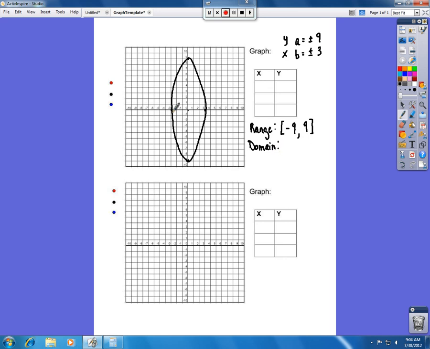That's the lowest possible x value, that's the largest possible x value, so the domain goes from -3 to +3. The other thing they ask for is the endpoints, which are these points here. Those should be relatively easy to pull off the graph. You'll have endpoints at 0, 9, 0, -9, and then at -3, 0, and 3, 0.